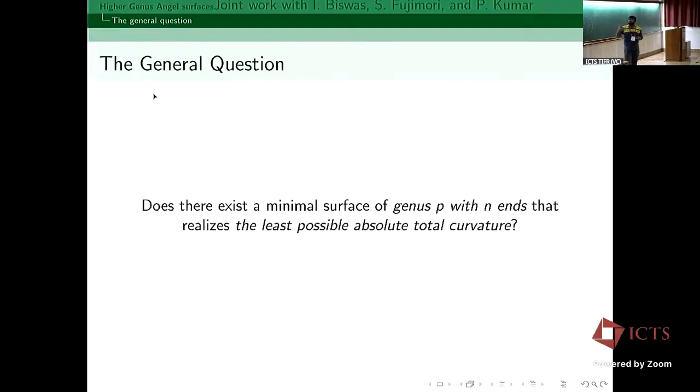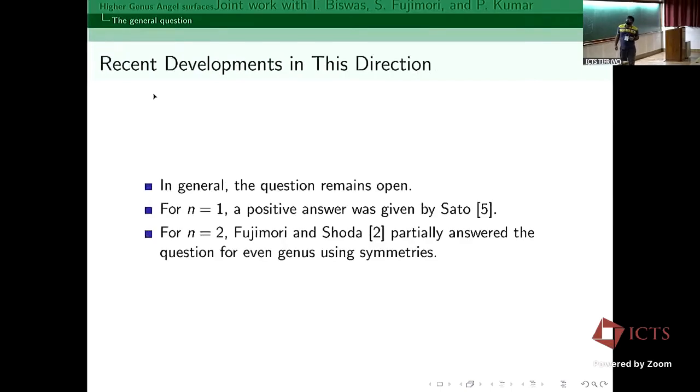This is the general question: if we have genus p and number of ends n, can we construct such surfaces? In general, the question is still open. For n equal to 1, the answer was given by Sato. For n equal to 2, Fujimori and Shoda partially answered this question for even genus surfaces.